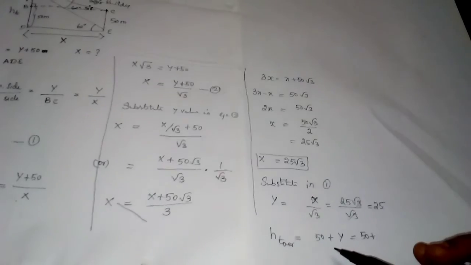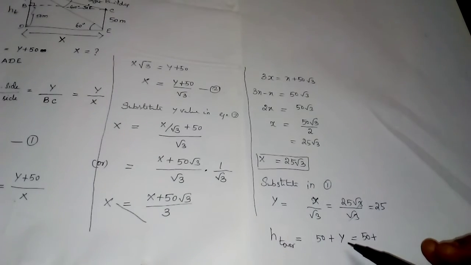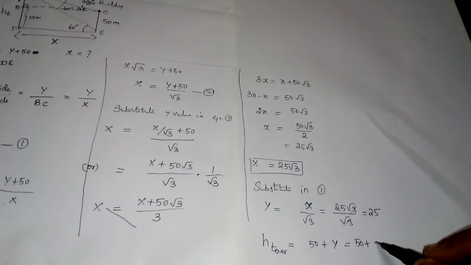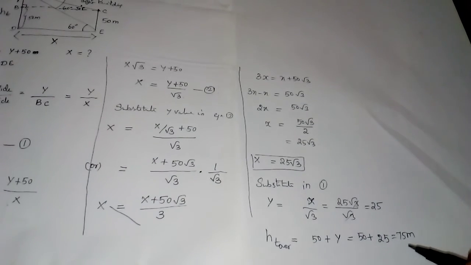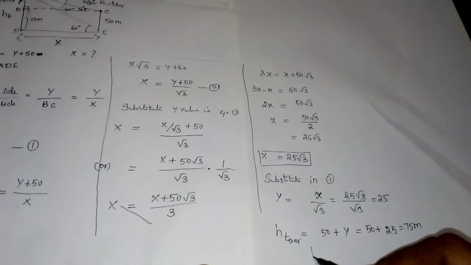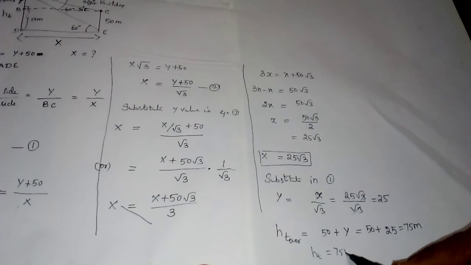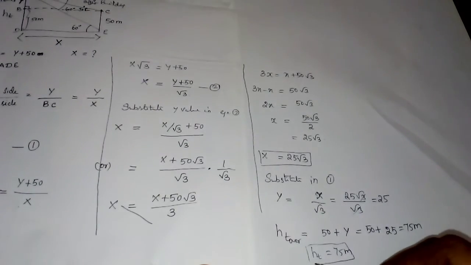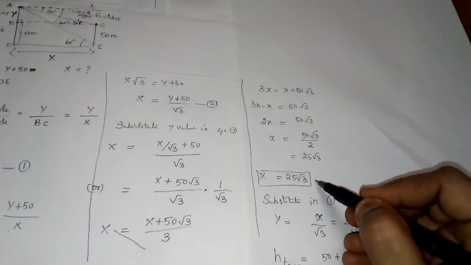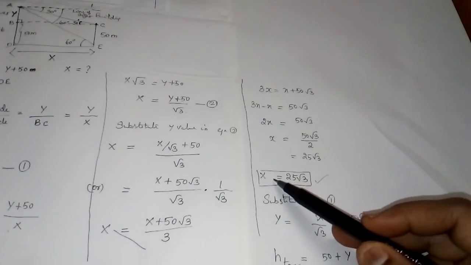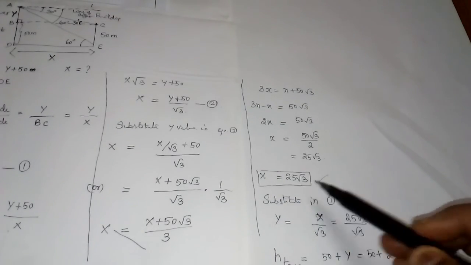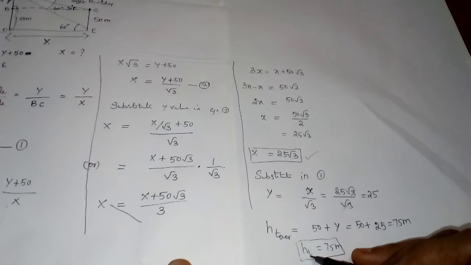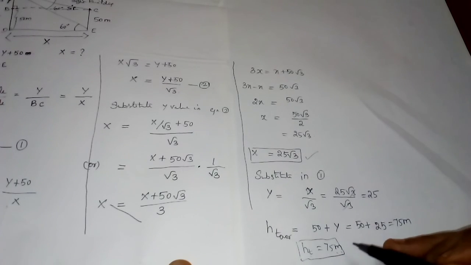So the height of the tower is 50 plus y, and 50 plus 25 is 75 meters. So the height of the tower is 75 meters and the horizontal distance is 25 root 3. Horizontal distance between the tower and the building is 25 root 3 and the height of the tower is 75 meters. This is the answer for this question.